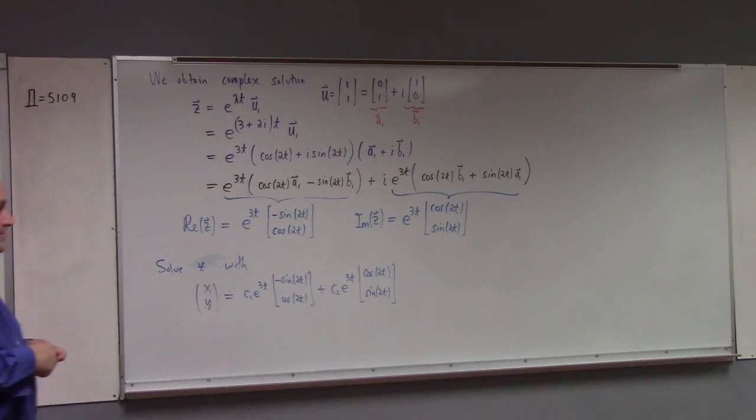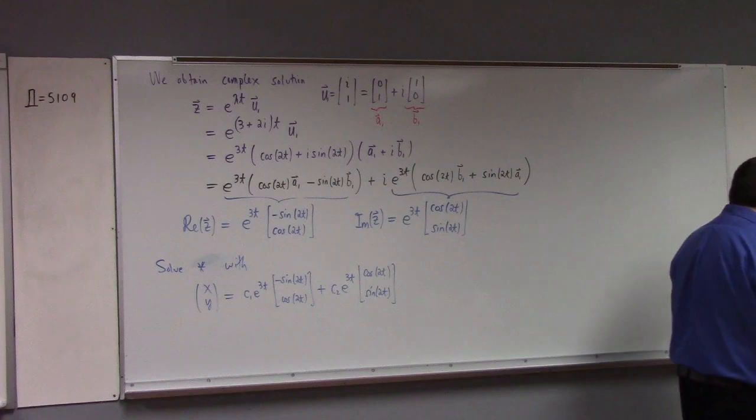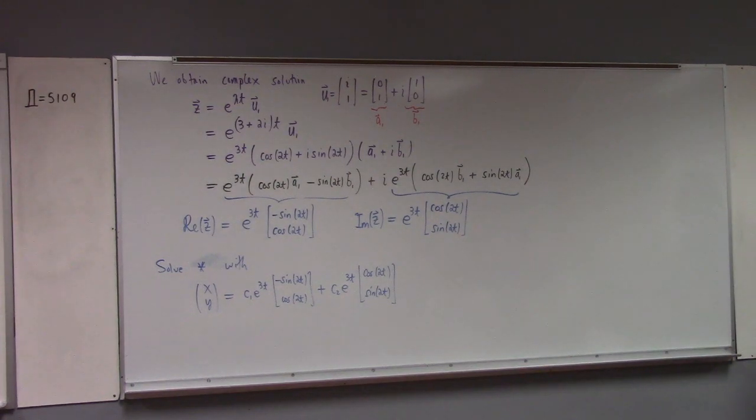Nobody? We don't end up with trig functions. Yeah, that's a very good comment. What was the question again? What's the difference between this kind of example and a 2x2 problem where we have, say, eigenvalues 3 and 7, like real eigenvalues?